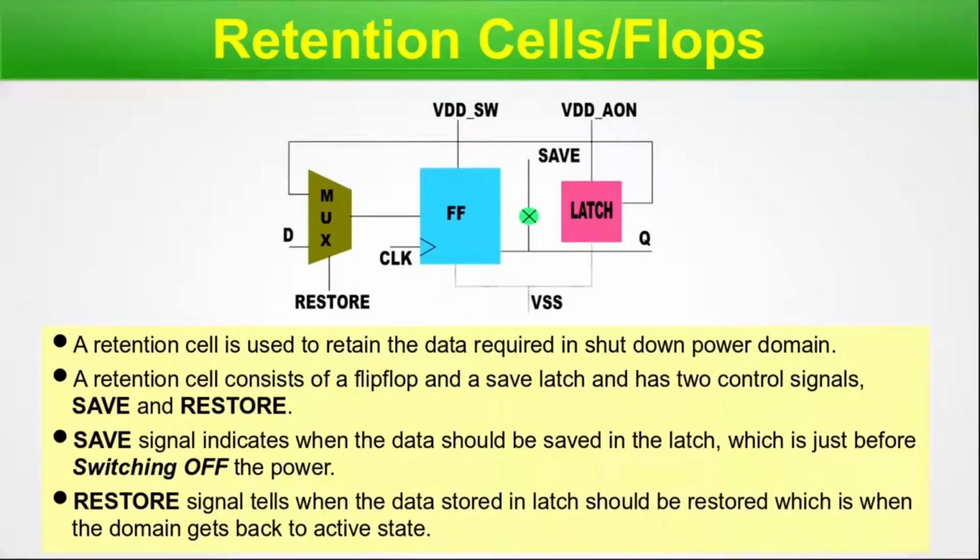The restore signal tells us when the data stored in the latch should be restored, which is when the domain gets back to the active state. So this is the theoretical explanation behind the retention cell or retention flop, whatever name it is called. So we are done with this slide. Let's move on.